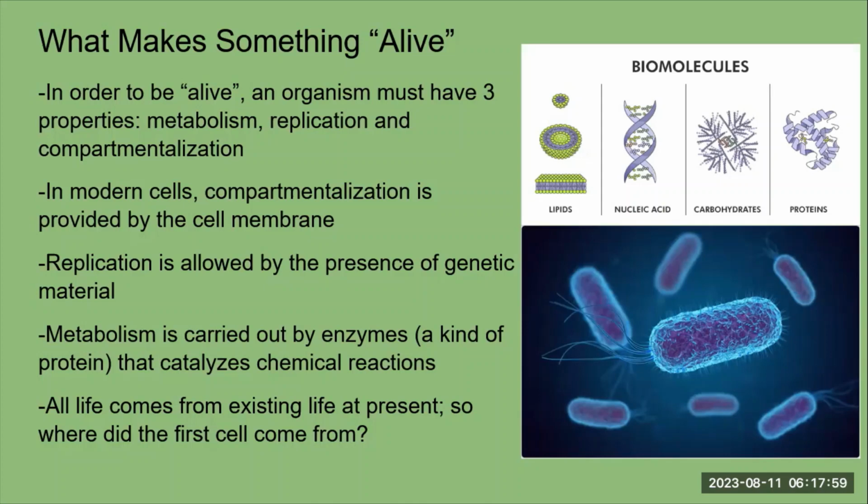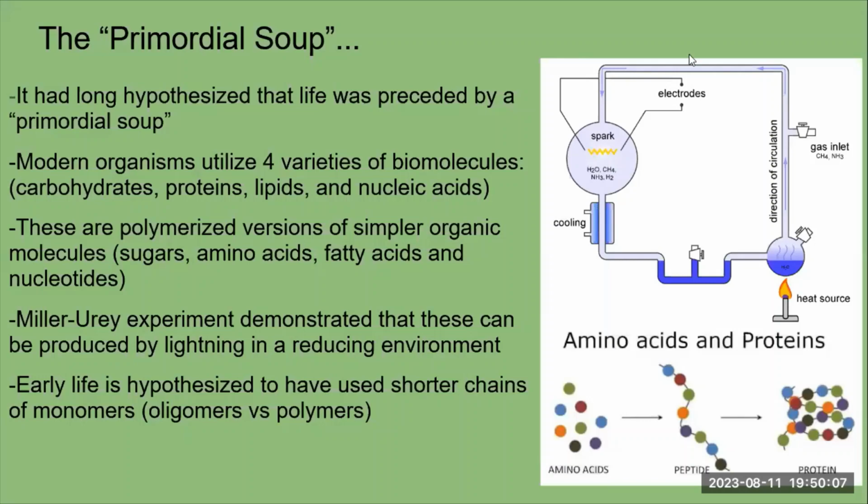On the modern Earth, all life comes from existing life, and this presents a sort of chicken and egg problem when asking how life began. Going back to Darwin's time, it had been hypothesized that life came from a sort of primordial soup of organic molecules dissolved in water, which filled the ancient oceans, lakes, and rivers.